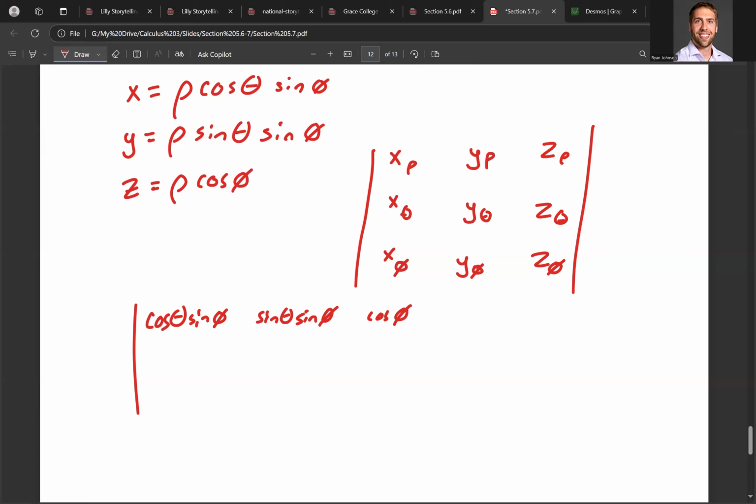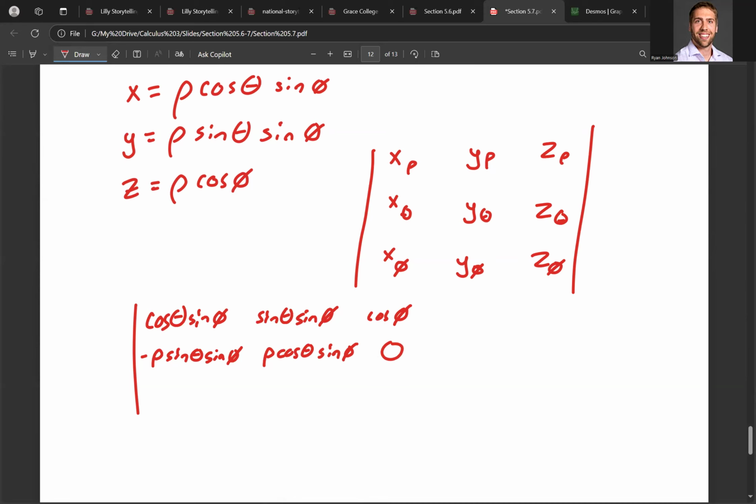All the theta derivatives would be negative rho sine theta sine phi and positive rho cosine theta sine phi, and z theta would be 0.